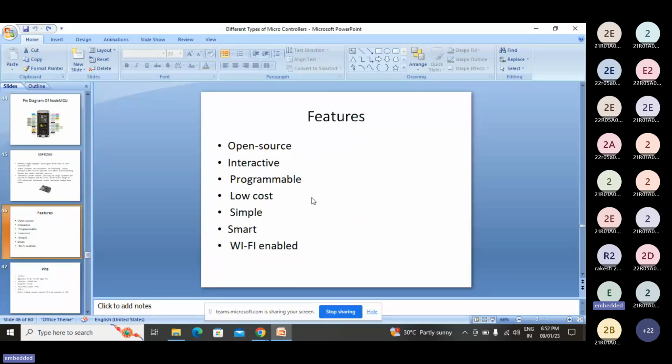The features of the ESP8266 processor are: open source, interactive, programmable, low cost, simple, smart, and Wi-Fi enabled.